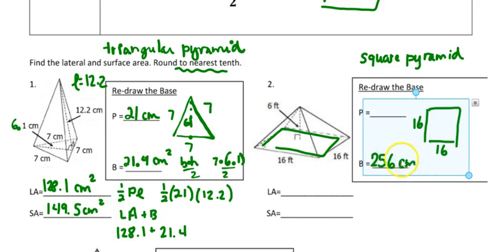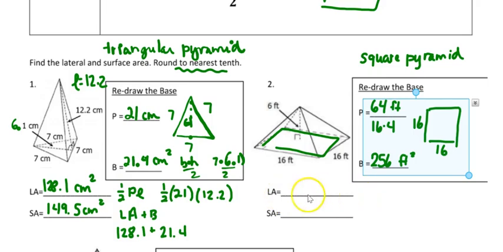Is it centimeters? Nope, feet. And then we need the perimeter, so it's going to be 16 times 4 sides. And that's going to be 64 feet.